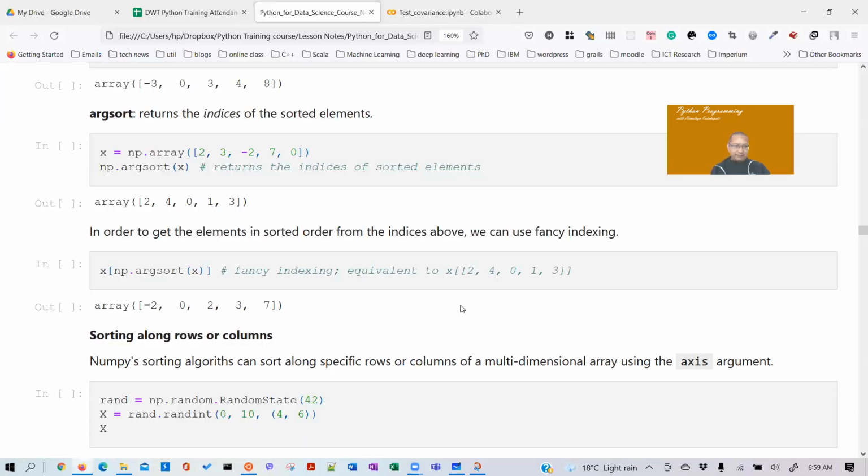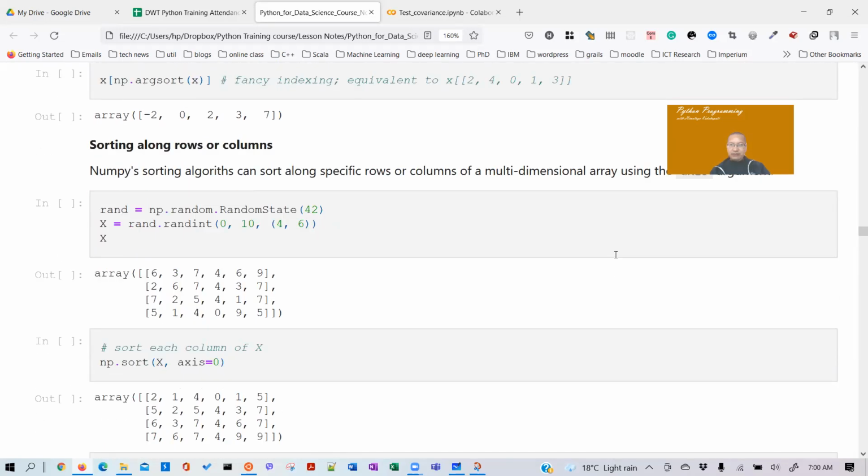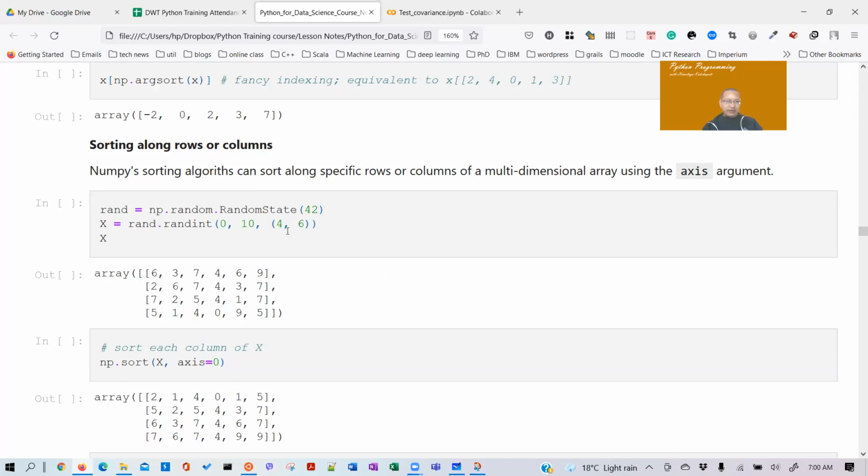Okay, let's see. All right, sorting along rows or columns. Well, how about multi-dimensional arrays? Can we sort, for example, a two-dimensional array? Can we sort along the rows or along the columns? Of course we can.